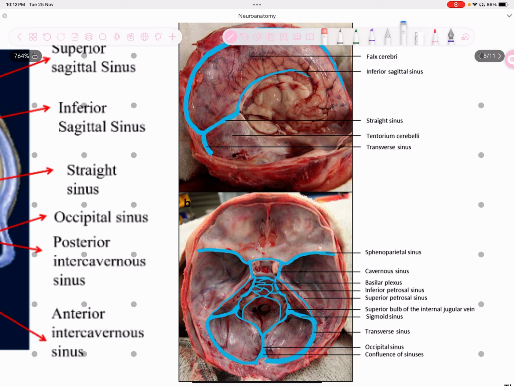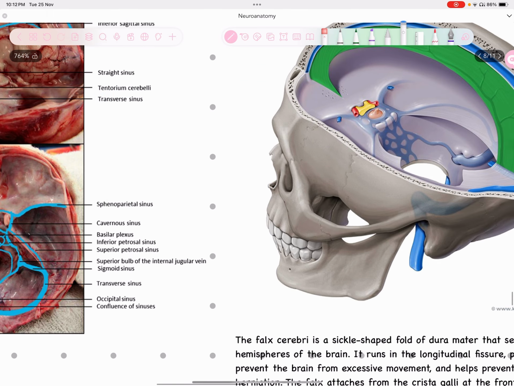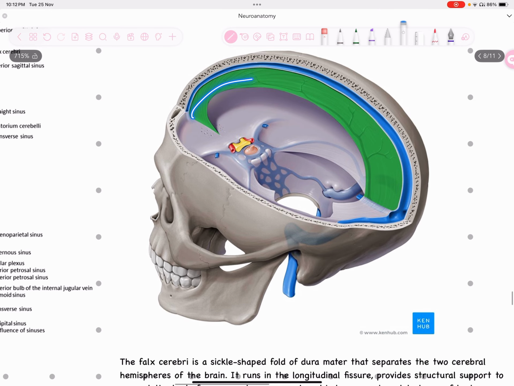This is the inferior sagittal sinus, and this is the tentorium cerebelli, which is placed horizontally, and this is the falx cerebri, which is placed vertically. So these should make something clear.